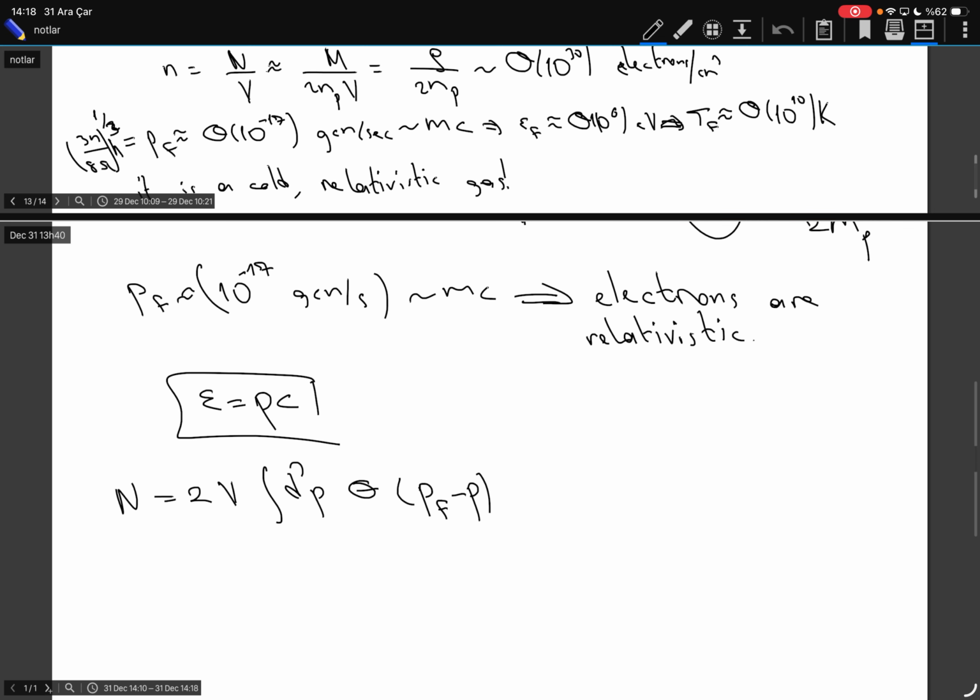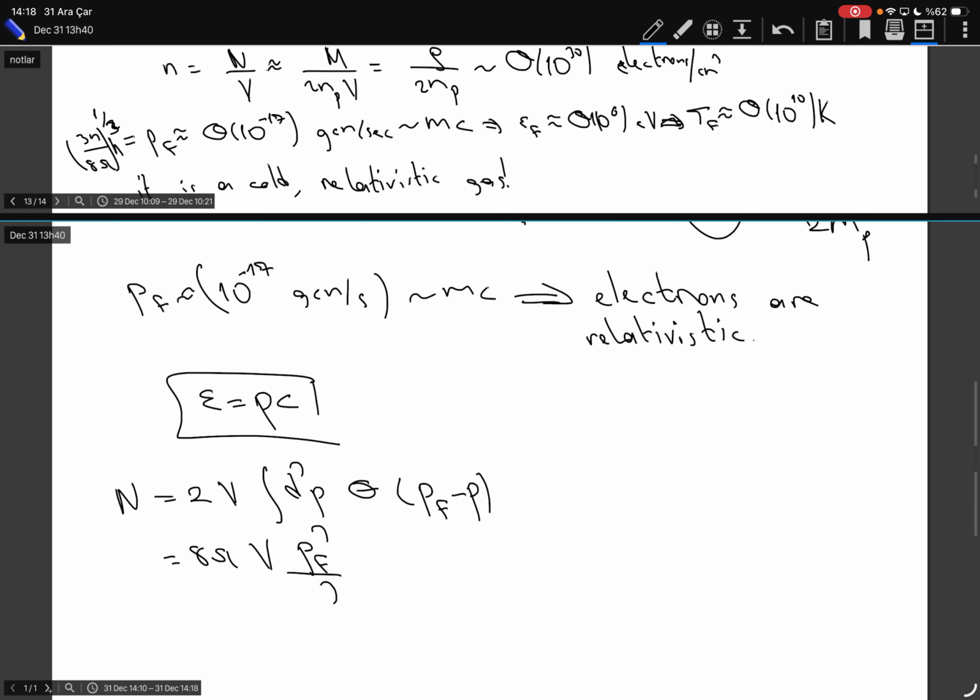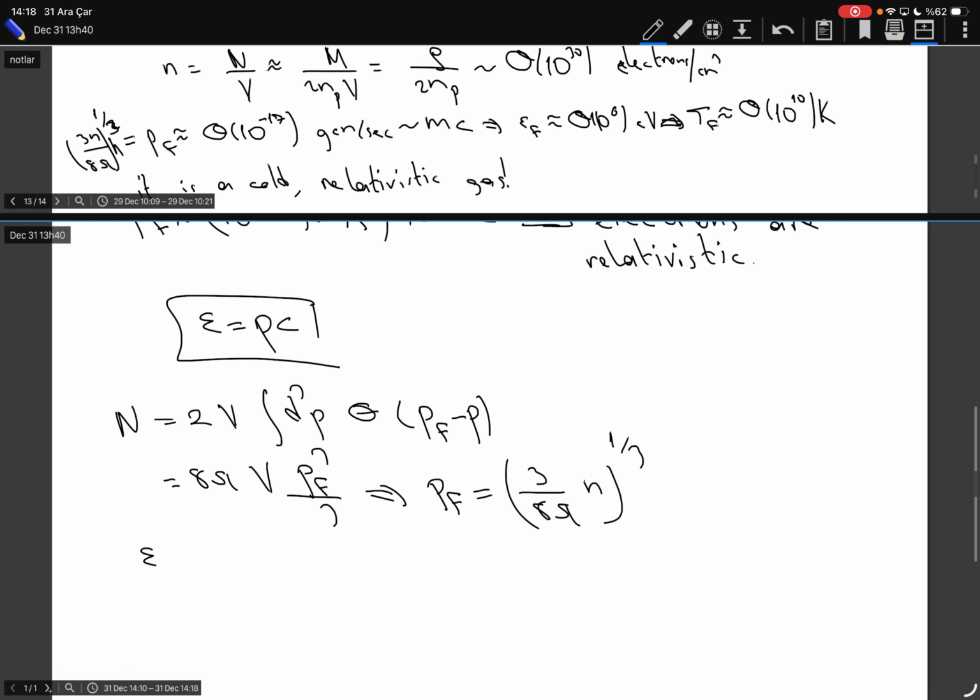No, sorry, this p Fermi expression is still correct. This is equal to 8 pi V times p Fermi cubed over 3, which tells me that p Fermi is 3 over 8 pi, density to the 1/3. So this is actually what I had used. And I can also obtain the Fermi energy, which will be p Fermi times c.